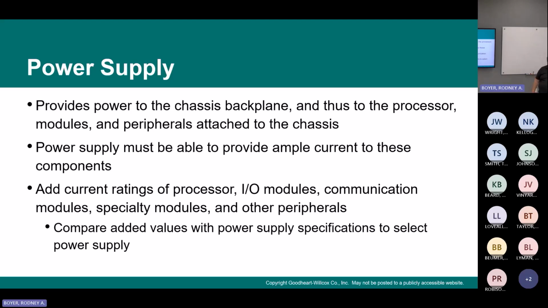Not only can you not address it, but the power supply doesn't have enough current available to drive the 8th module. Add the current ratings of processor, I/O modules, communication modules, special modules, and so on. And then make sure you have a power supply big enough. That's much more important on the SLC than it is on MicroLogix.